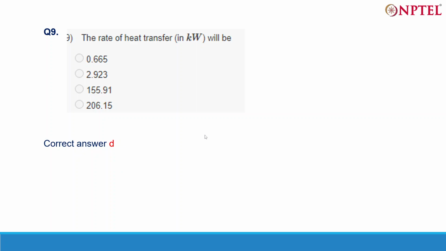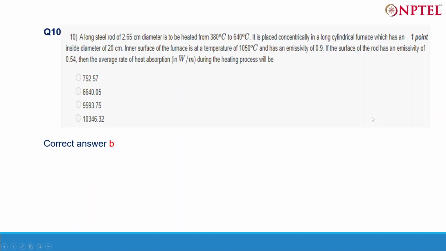Okay, so should I move to the next question now? So it's saying a steel rod of 2.6 centimeter diameter is to be heated from this to this.